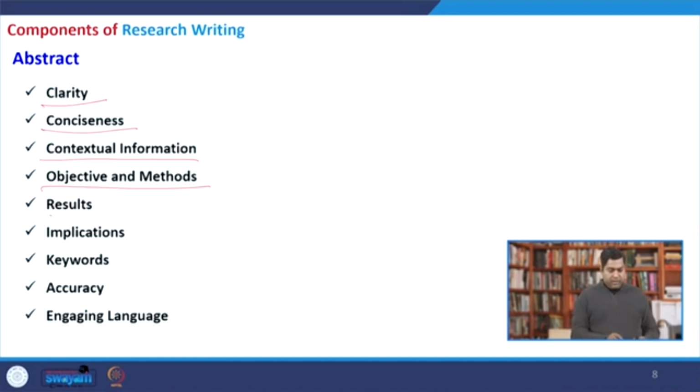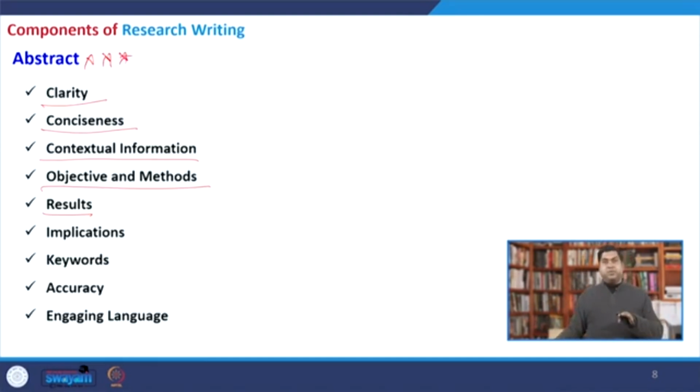Then you also have to give some critical results, because in most journals, when a paper is sent for review, the abstract is shared with the unknown reviewer to get acceptance of the review invitation. After reading the abstract, one will decide whether to review the paper or not. That is why the abstract is very, very important, and you should work very seriously on it.